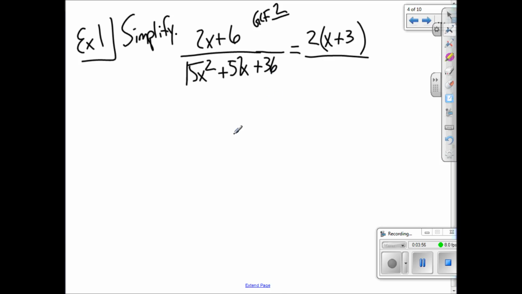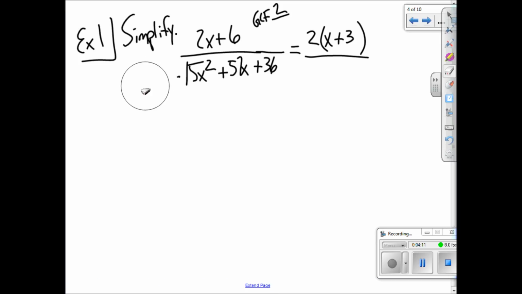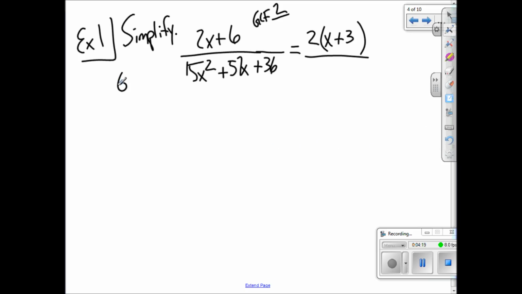So they have no letters in common, but we can take a number out. What number is common to 15, 57, and 36? Think about that for a moment. I'm going to do a better job of writing GCF. While you're thinking about that, what is the biggest number that goes into 15, 57, and 36?